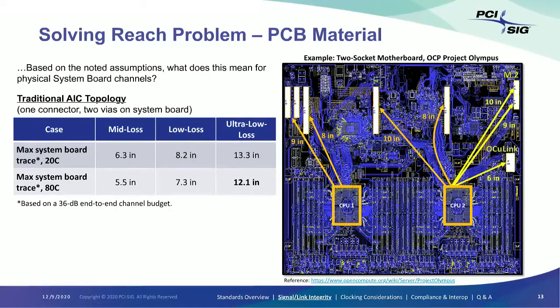But of course, if there are more complex topologies, such as riser cards being used that introduce additional PCB routing and additional connectors, then those more complex topologies would likely fall outside that budget, and some additional form of reach extension would be necessary.